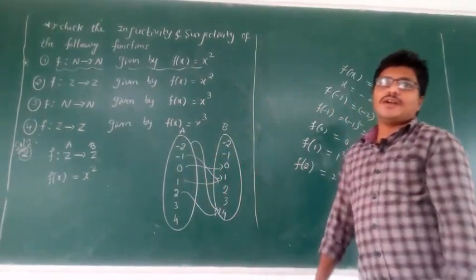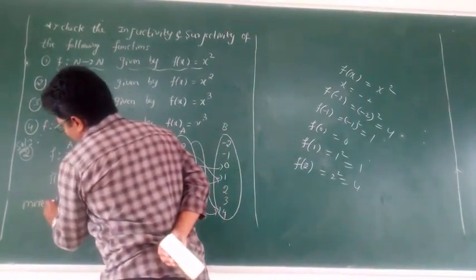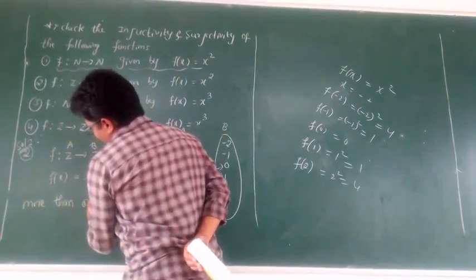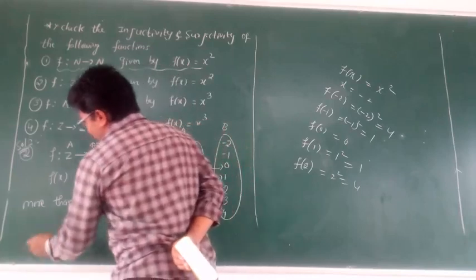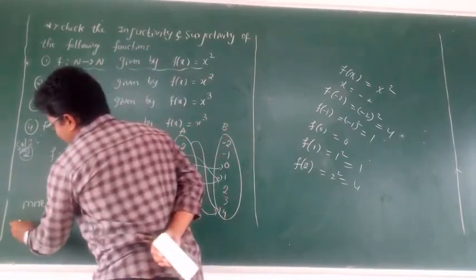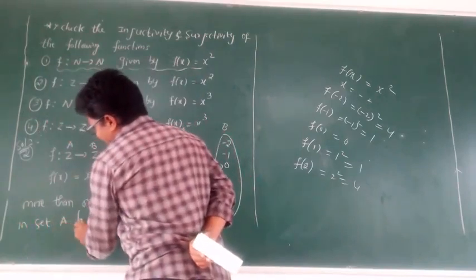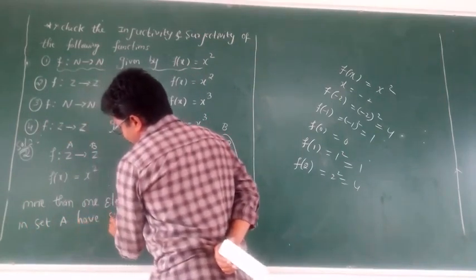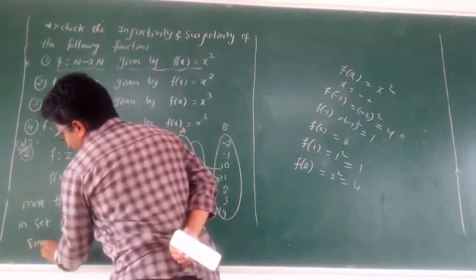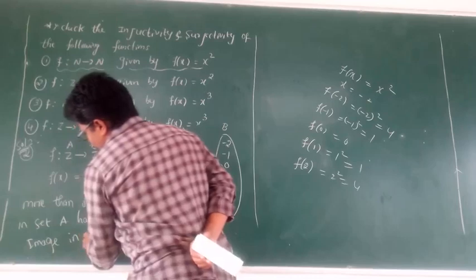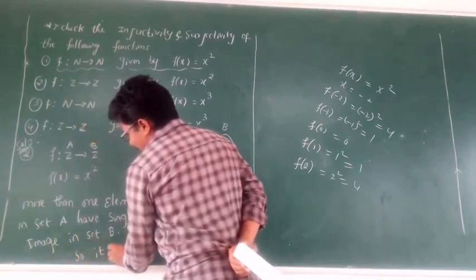That's why it is not one-one. Write: more than one element in set A has a single image in set B. So it is many-one.